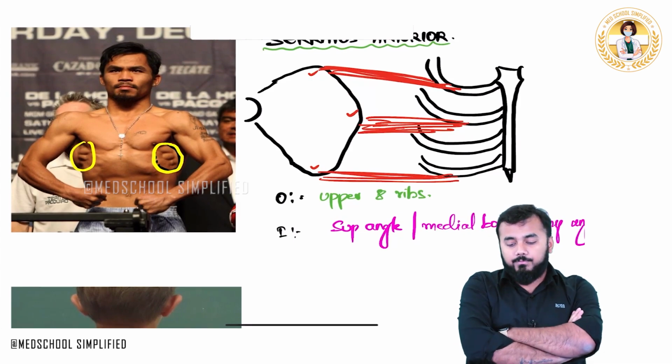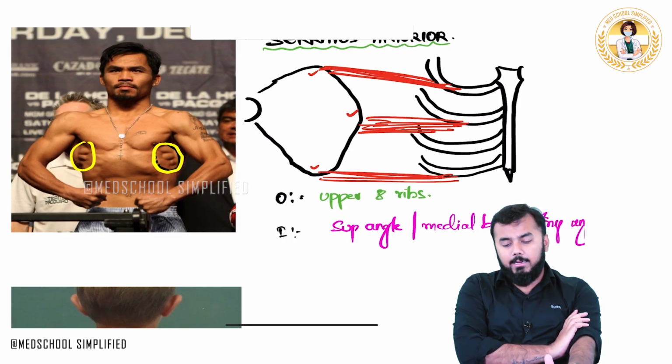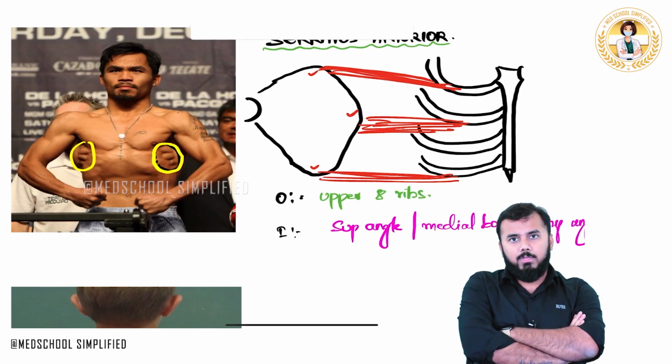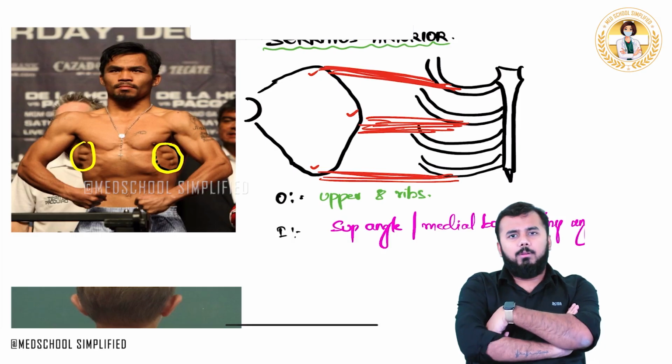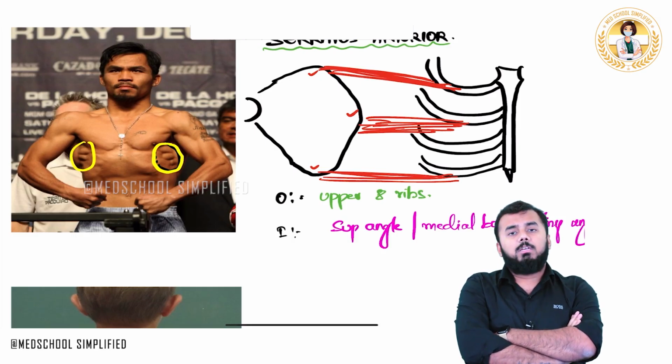Now, another important thing is that this serratus anterior is supplied by a nerve which comes from the brachial plexus only, because the brachial plexus supplies your entire upper limb. In the brachial plexus you have roots C5, C6, C7.